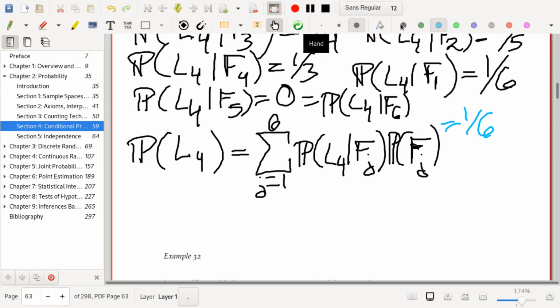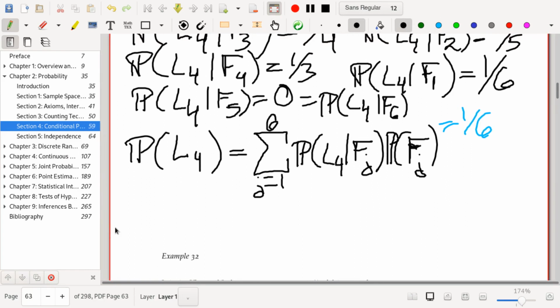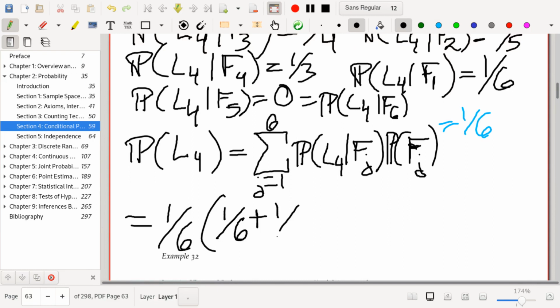So we're almost done then. We've got that this will be 1 over 6 times the probability the last die is going to be 4, given the first is 1, so 1 over 6, plus 1 over 5, that's the probability the last die is 4, given the first is 2. Plus the probability the last is 4, given the first is 3. No, that's 1 over 4. Sorry.